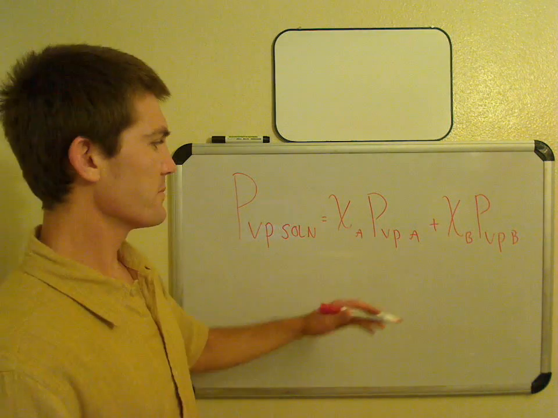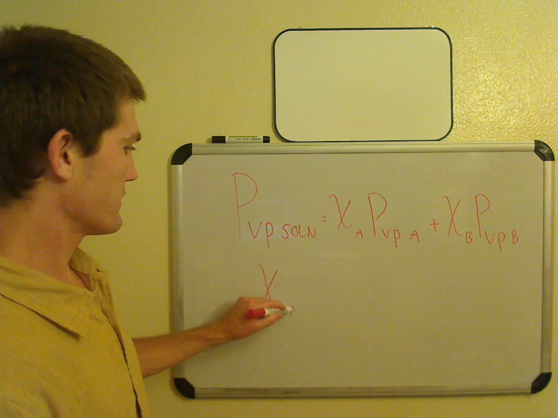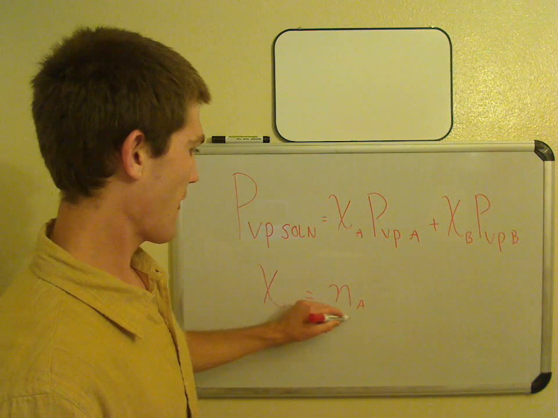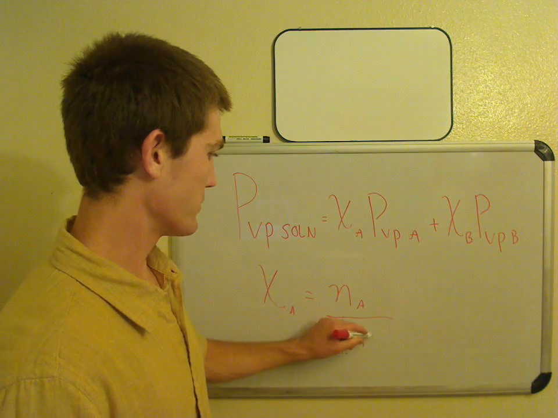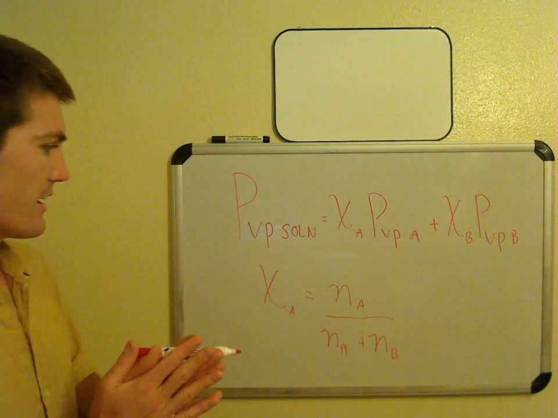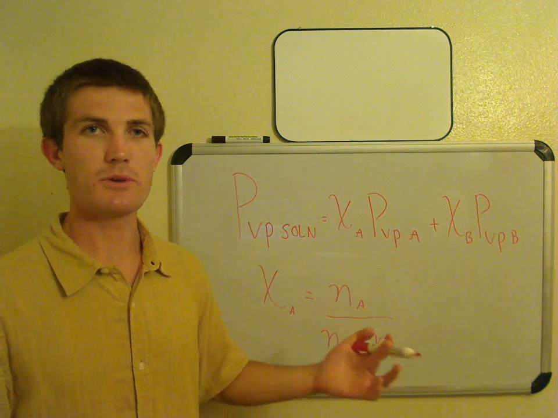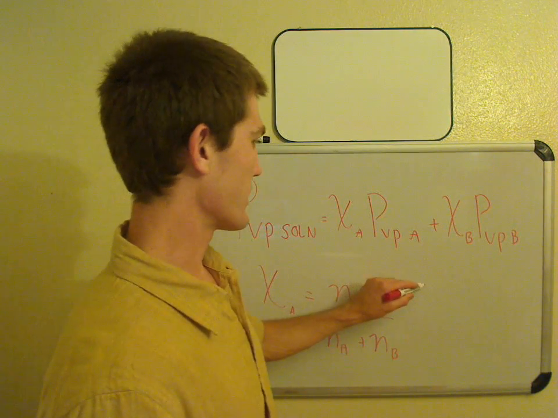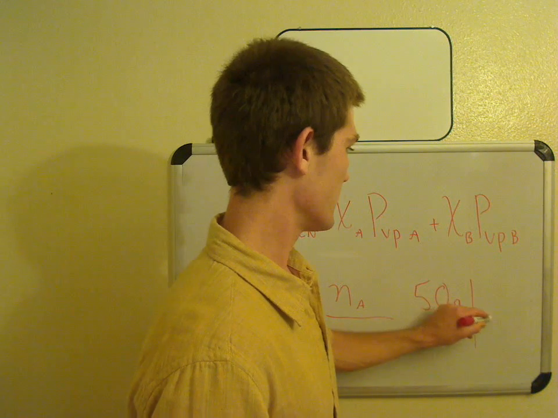The next thing that we need to know is what mole fraction is. So mole fraction of component A equals the moles of A divided by the sum of the moles of A plus the moles of B. And we're given that there are 50 grams of each component, so we need to use molar mass to convert grams of one of the components into moles.